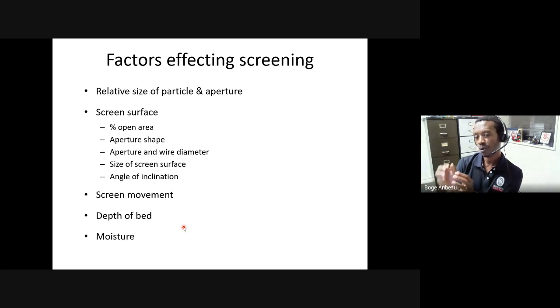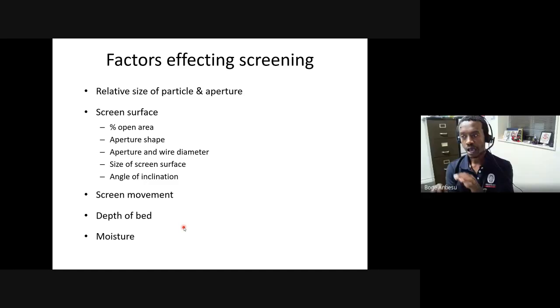From an operational point of view, when I want to pick a particular size for screening, let's say 100 micron, removing coarse and fine material around 100 micron, I need to first look at my feed composition in terms of particle size, and how the particles are distributed.